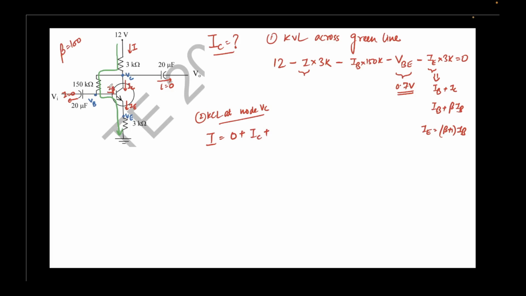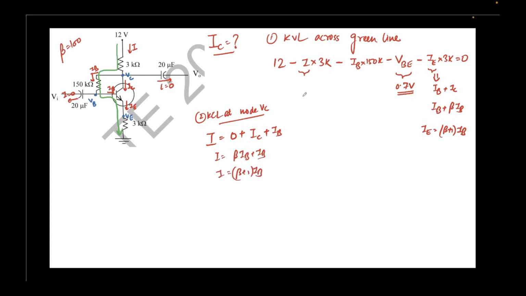What is this current? Note that this is the current IB, nothing but IB, because no current flows through here. So if IB is flowing through here, all of it has to come through this leg only. So I can write 0 plus IC plus IB. So I is IB plus IC, and IC I can write as beta IB plus IB. So I will also come out to be beta plus 1 times IB.